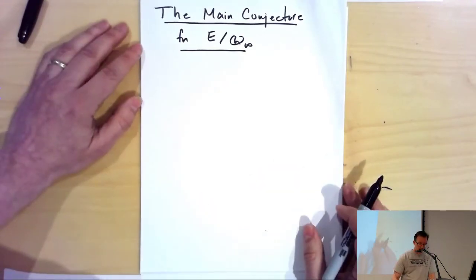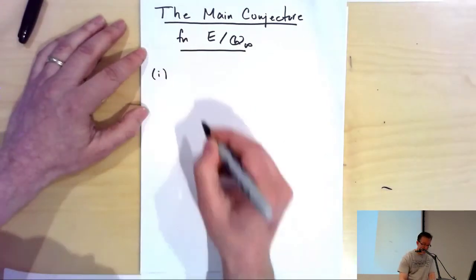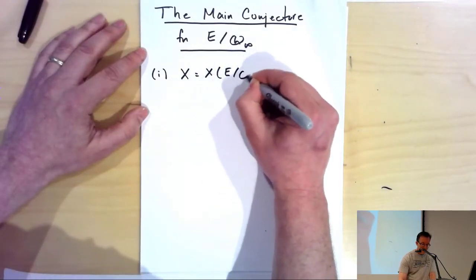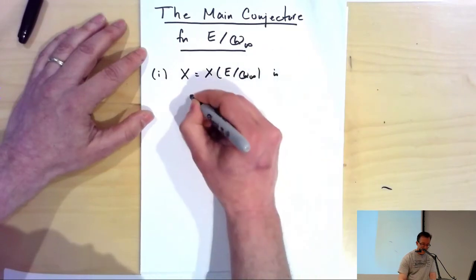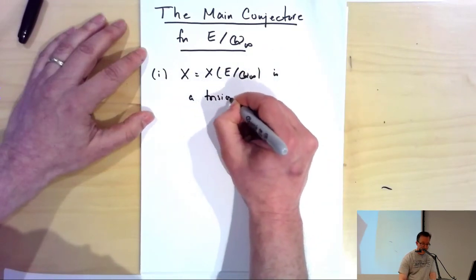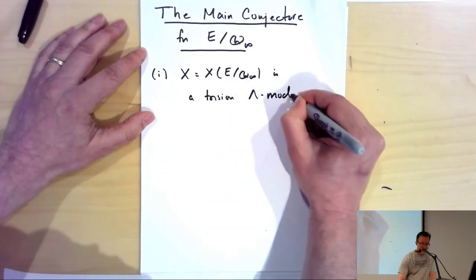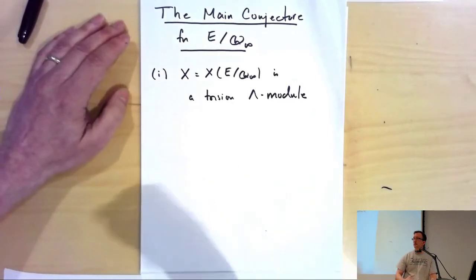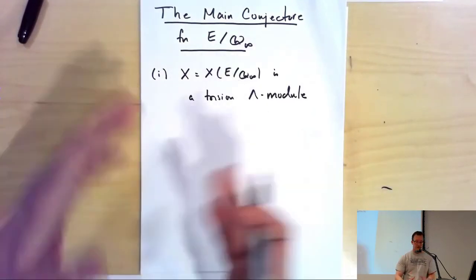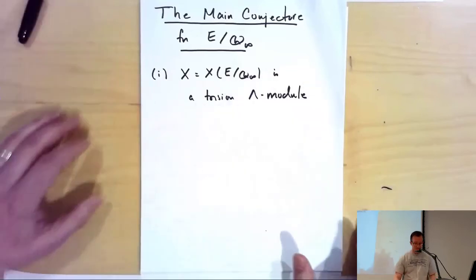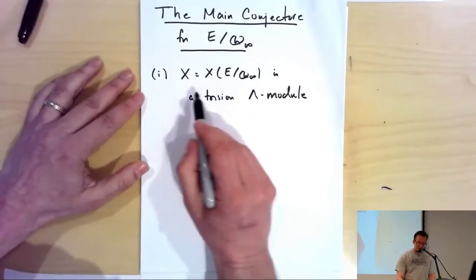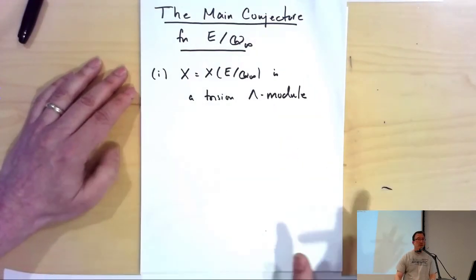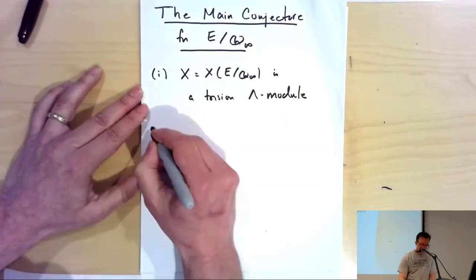The first part is going to be that X, which is our X of E over Q_infinity, we're going to conjecture that it's a torsion Lambda-module. And if it's a torsion Lambda-module, then all those interpolation properties for it hold. It's in fact, because as I explained, and I left as an interesting exercise, if it's torsion, then it has no pseudo-null submodules, and so all of the interpolation that we would like works really well.